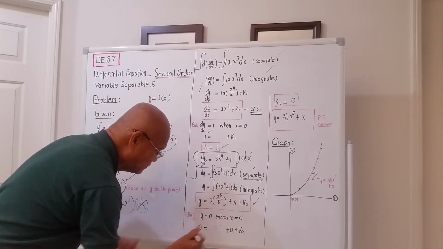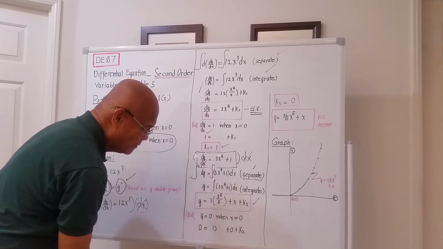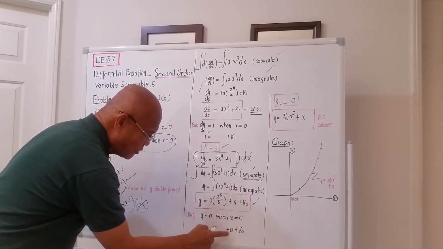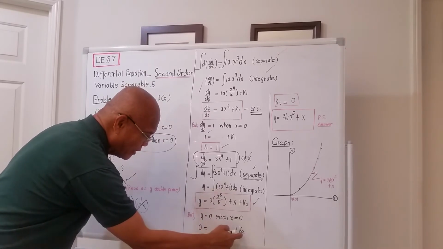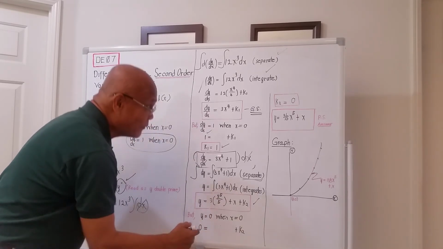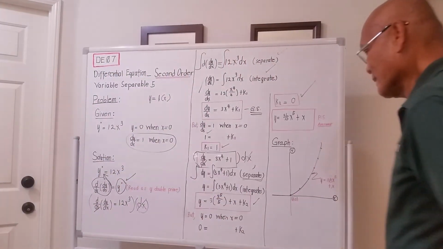So this will be 0, plus 0 plus k2. This is 0, this is 0, we could remove it. Therefore k2 now will be equal to 0.